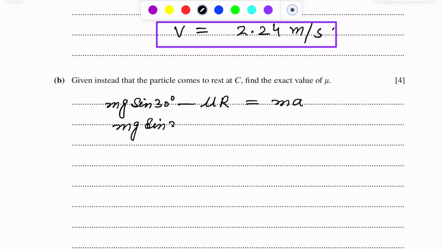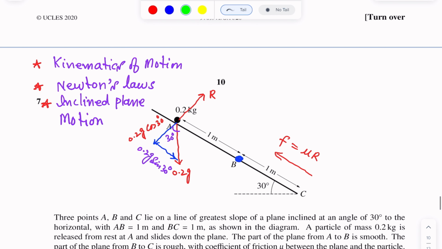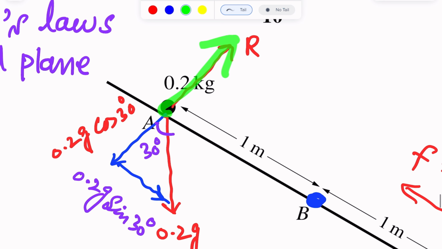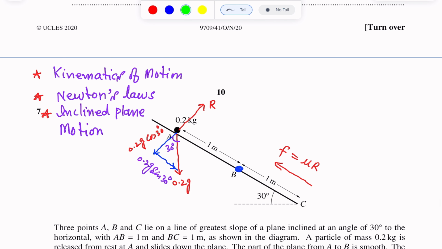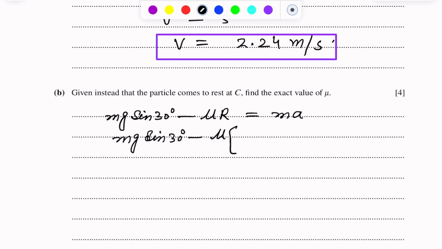Mg sine 30 degree minus mu, we have to find, and R is the normal reaction of the plane on this particle, that is equal to the component of the weight acting perpendicular to the plane, that is 0.2 g cos 30. So mg cos 30 degree is equal to ma.